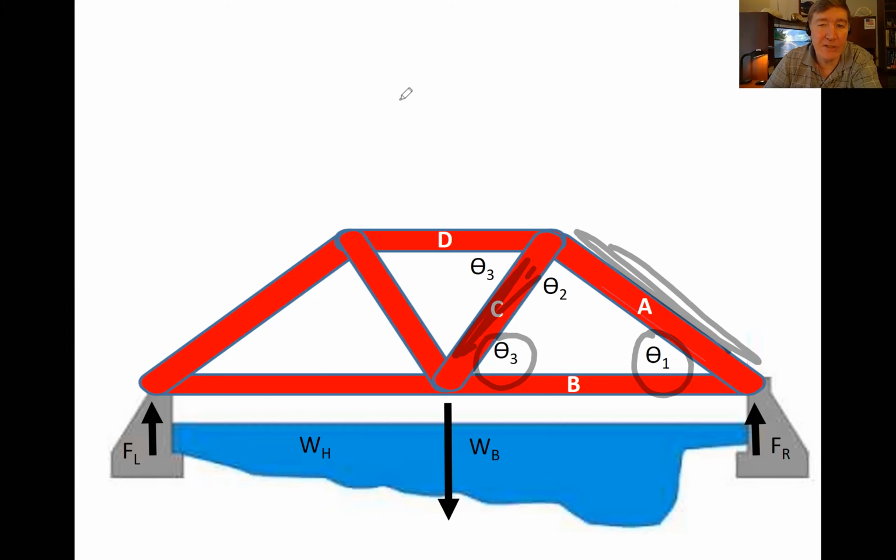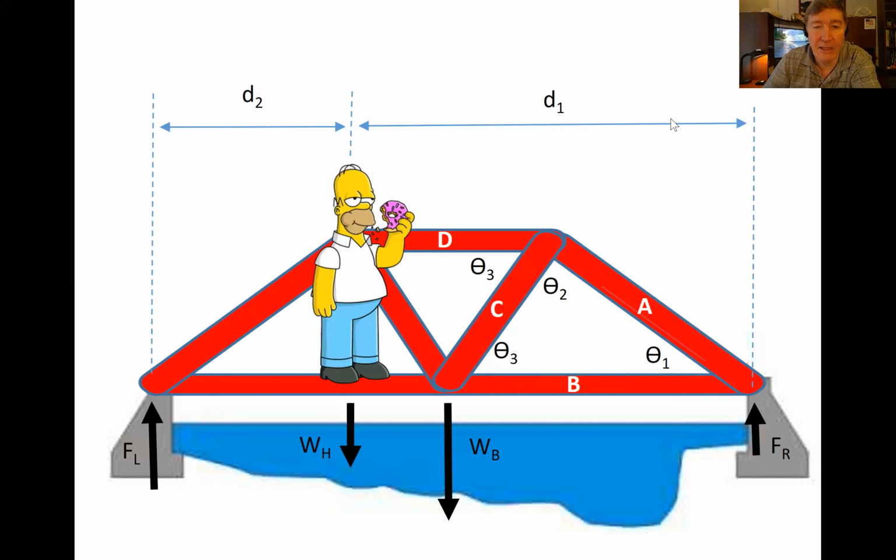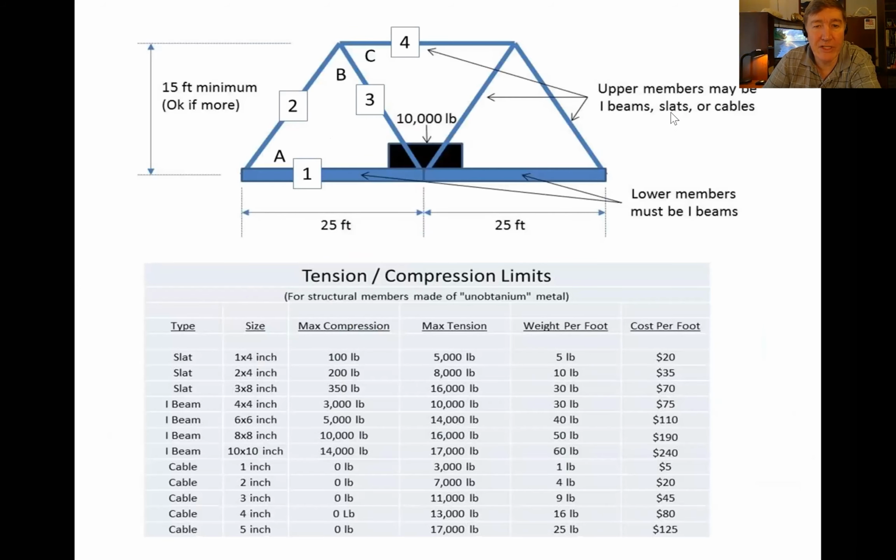But for tonight's homework, I'm going to make it a little bit easier. Tonight, I'm going to give you a bridge that looks like this, where the triangles that you see here are going to be isosceles triangles.